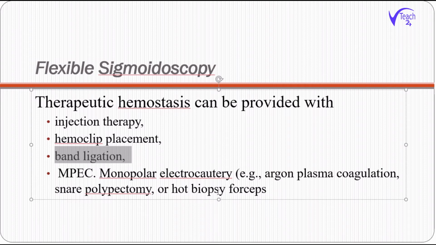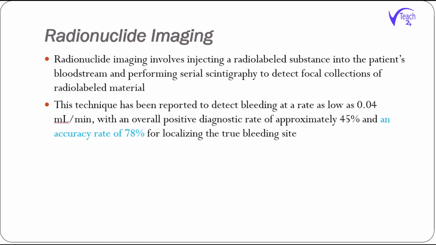You can also use hot biopsy forceps. These are all the therapeutic interventions that we can offer the patient by flexible sigmoidoscopy. These can also be used in colonoscopy. The only difference between flexible sigmoidoscopy and colonoscopy is the extent of the examination.